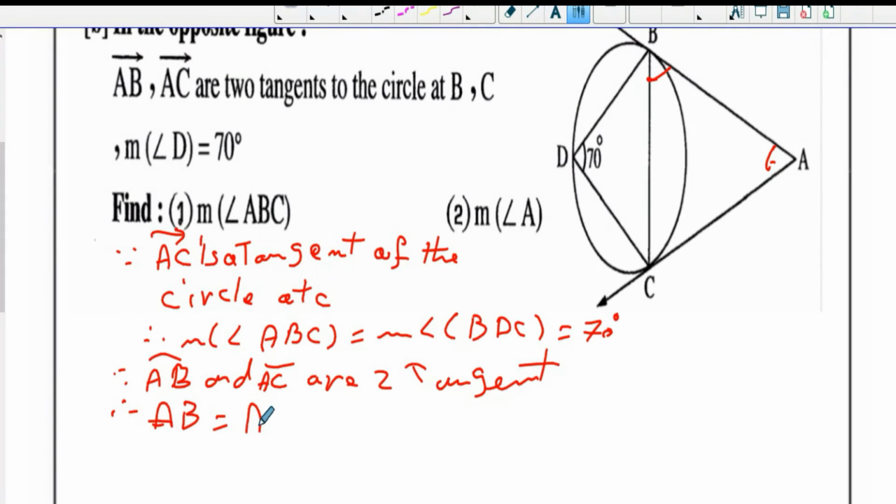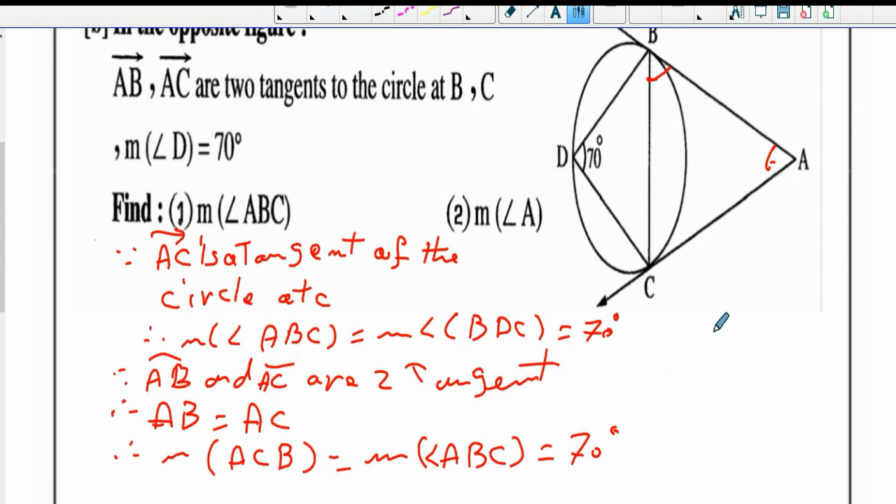Therefore measure of the angle ACB equals measure of the angle ABC, which equals 70 degrees.